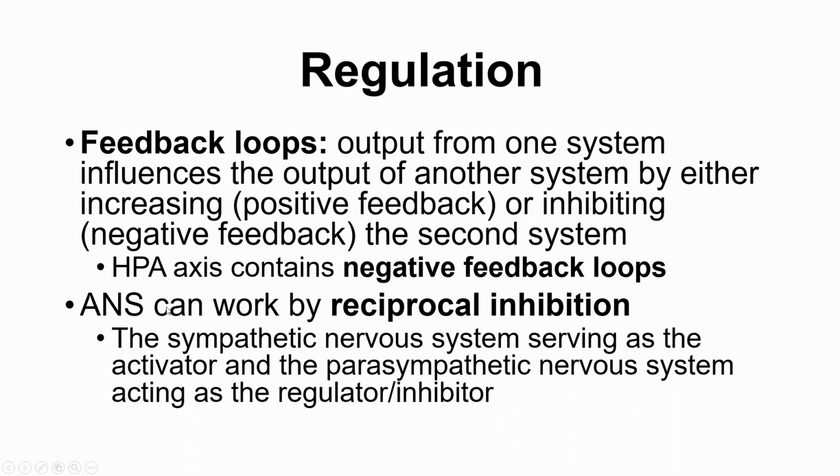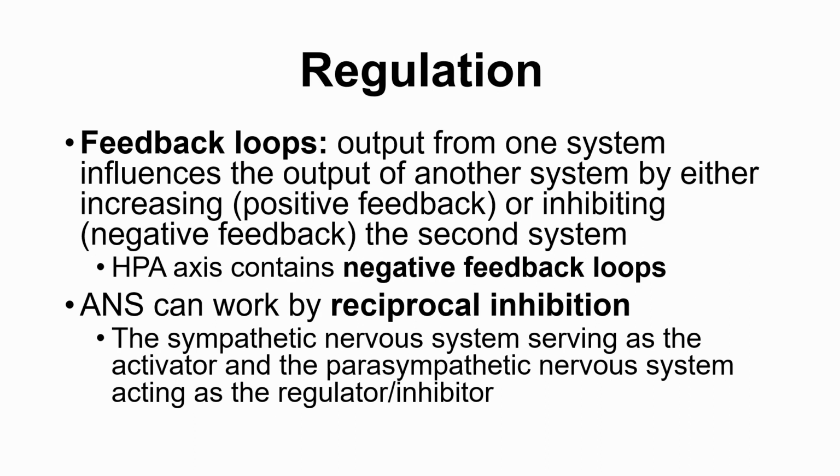Our autonomic nervous system also works by the process of reciprocal inhibition. And this is just the fancy way of describing what I've been talking about, where our sympathetic and parasympathetic nervous systems act in contrast to one another. Our sympathetic nervous system is our activator, so it's going to ramp up our nervous system.